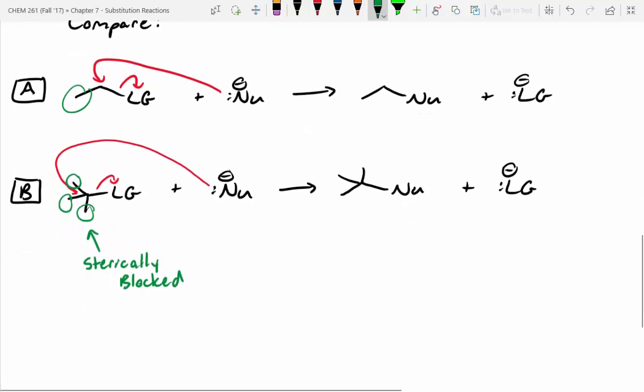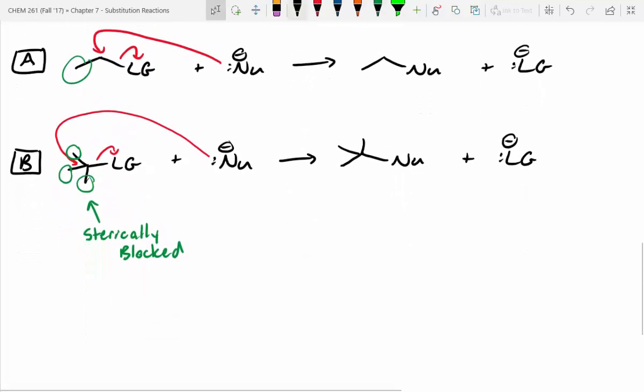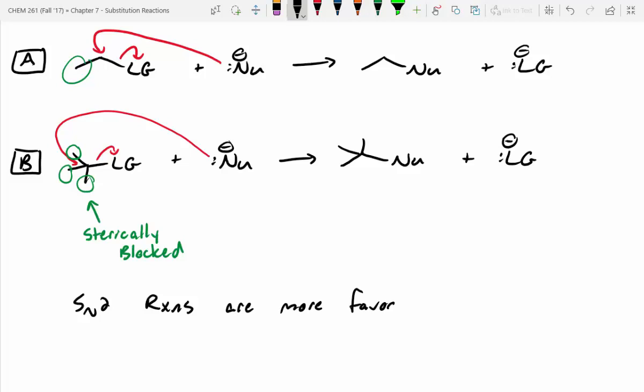So in this case, Sn2 reactions are more favorable with less bulky substrates.